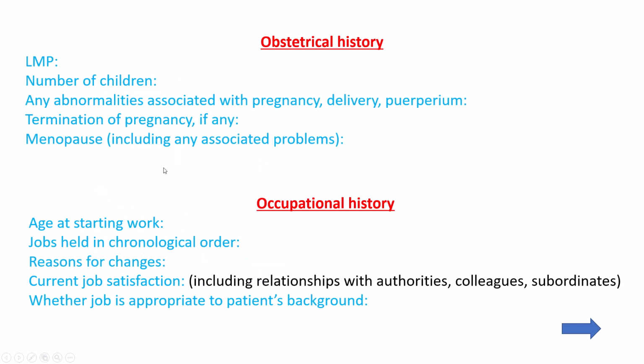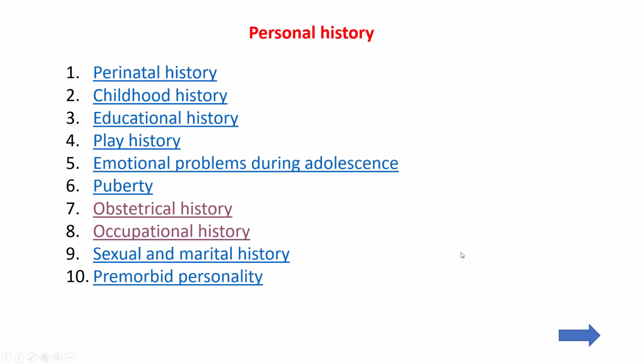Obstetrical history and perinatal history differ. Perinatal history is about the patient's birth time: what happened when the patient was a child and the mother was giving delivery or pregnancy.